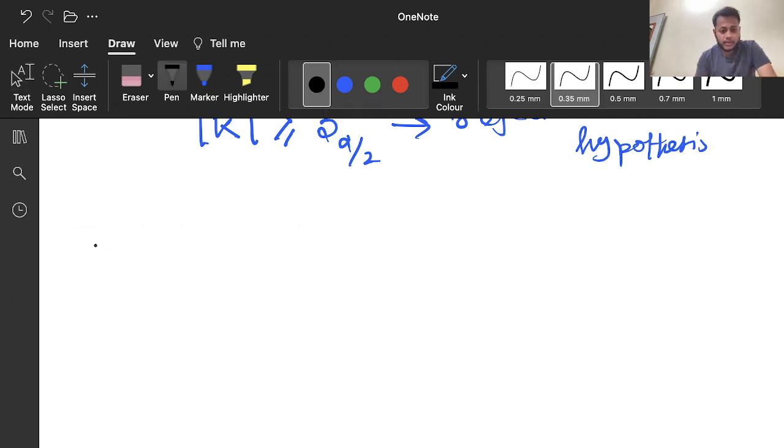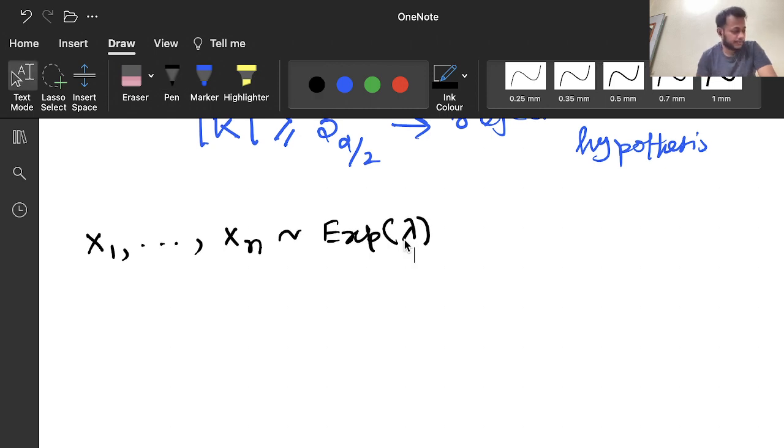So x1 to xn follows an exponential lambda distribution.